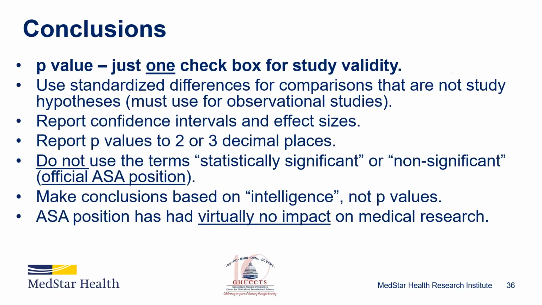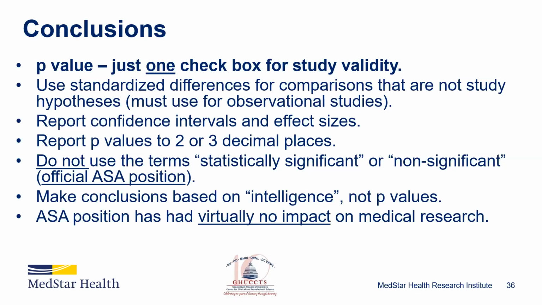And so let me conclude by just saying that, just to remember, primarily a p-value is just really one check on a study's validity, and the box that you're checking is: were your results likely due to chance, or is there a high probability that we can rule out chance as an explanation for your results?